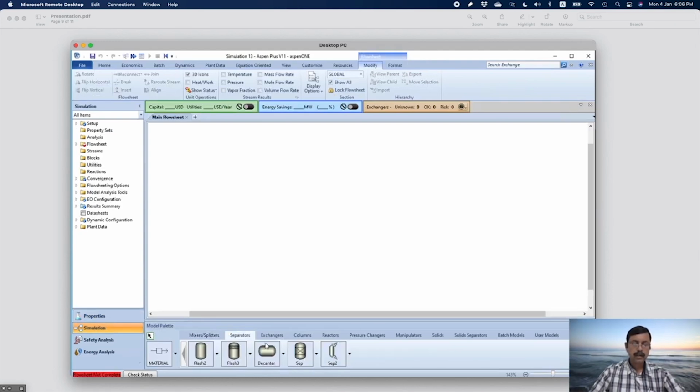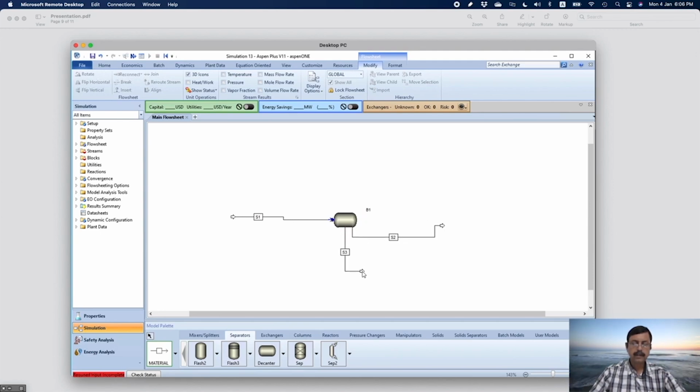Here, take decanter. Then material. This is the feed. This is the first liquid. And this is the second liquid.